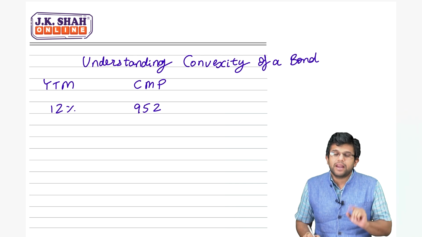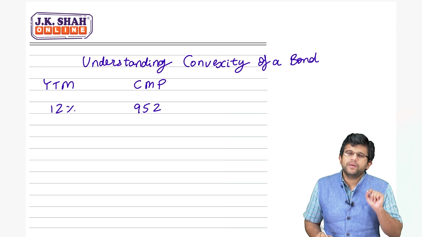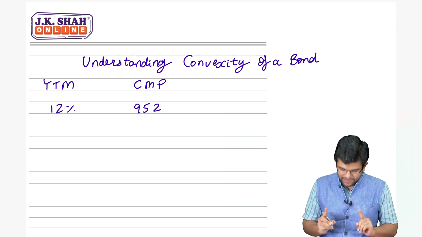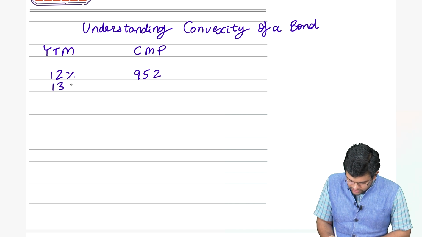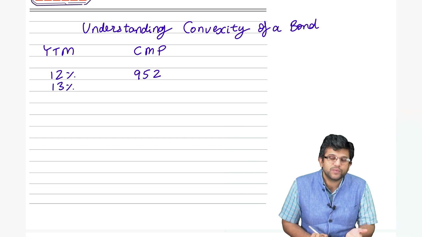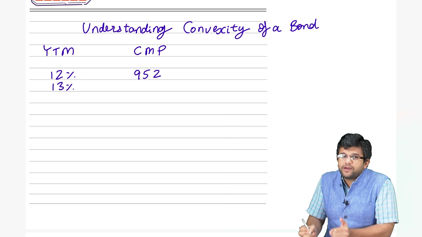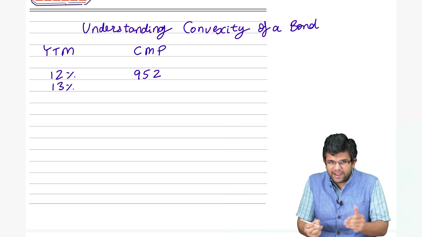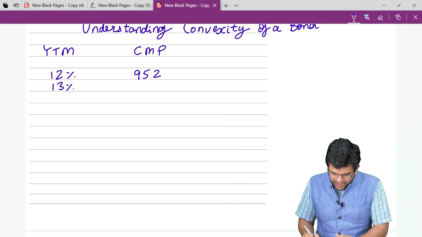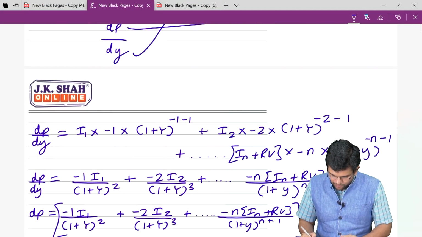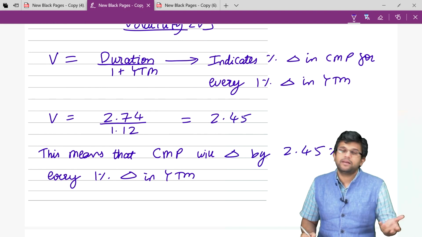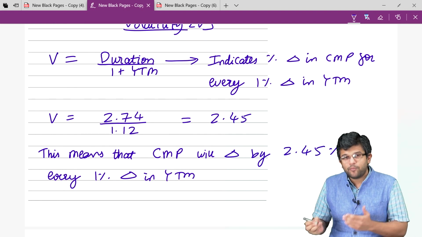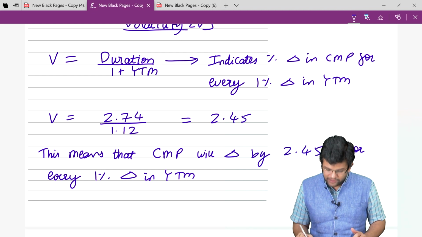Great. Now children, I want you to be extremely attentive. Do you understand that if YTM goes to 13%, the current market price will change? Now, according to the formula of volatility and the derivation that we got, the volatility of this particular bond is 2.45. That means for every 1% change in YTM, the bond price will change by 2.45%.